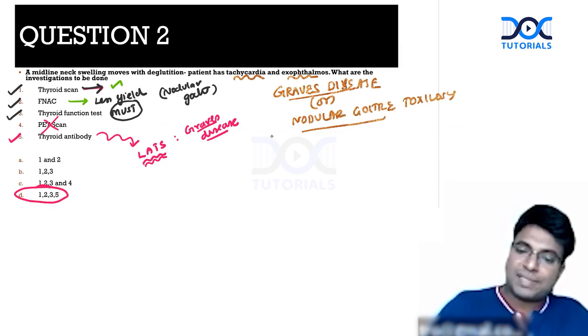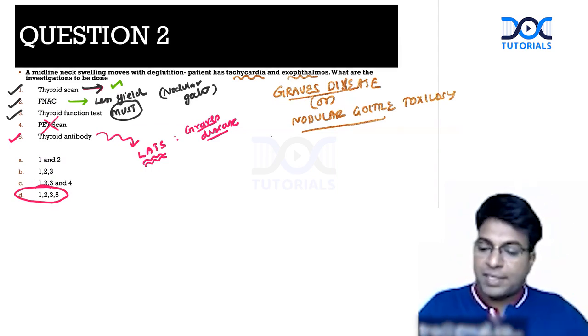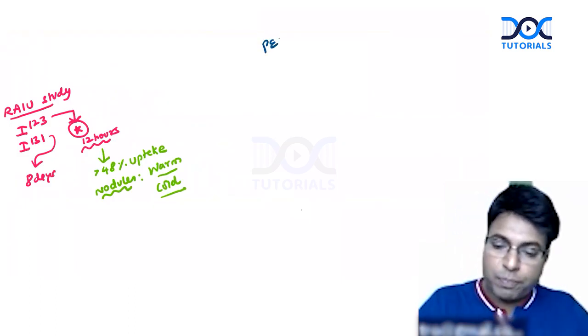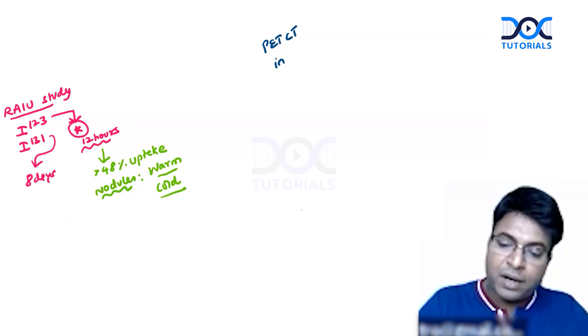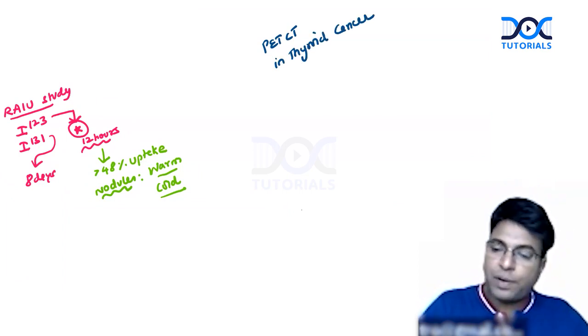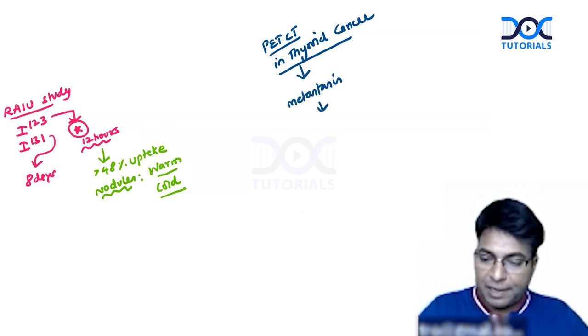What is the use of PET scan? This is a neat super specialty level question as well as INI common entrance test question. PET CT in thyroid. What is the use of PET CT in thyroid cancer? Let us assume it to be a cancer also. Will it be useful? PET CT in thyroid cancer is very, very less useful, because metastasis in thyroid cancer is diagnosed by what is the best method?